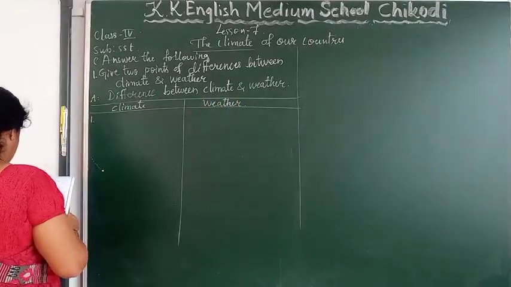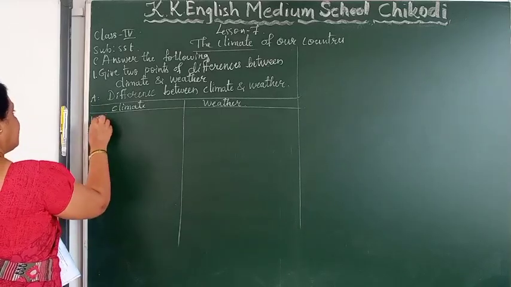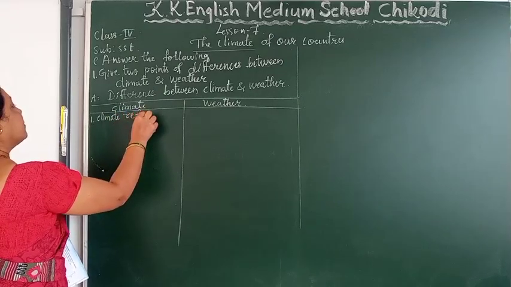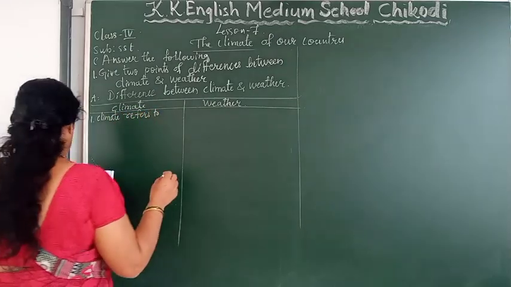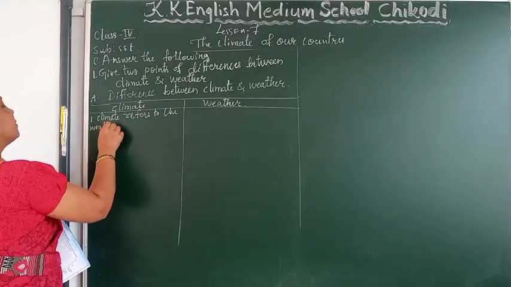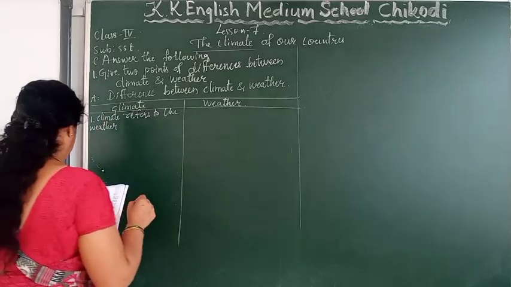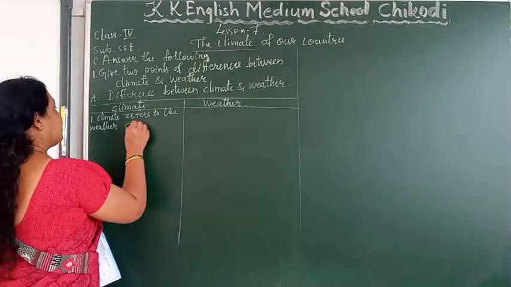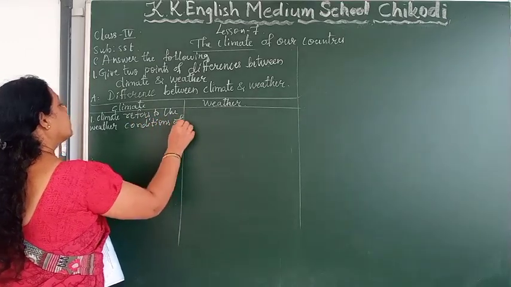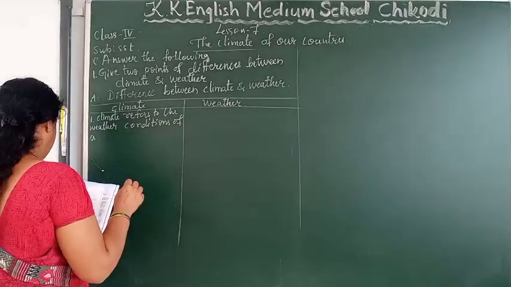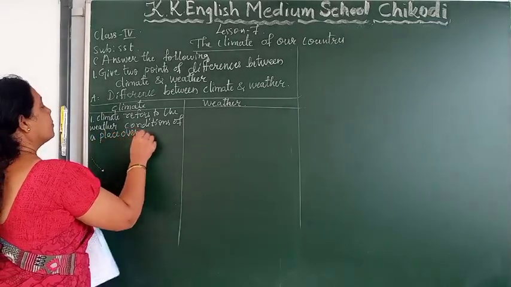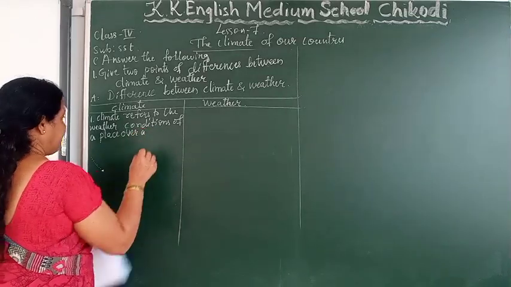First one, climate refers to the weather conditions of a place over a long period of time.